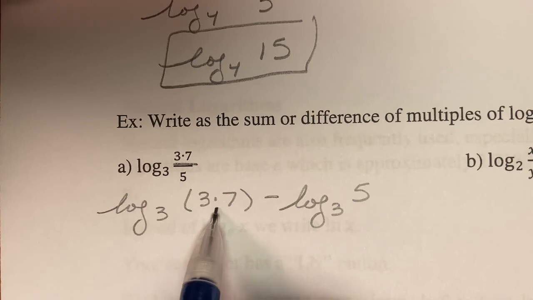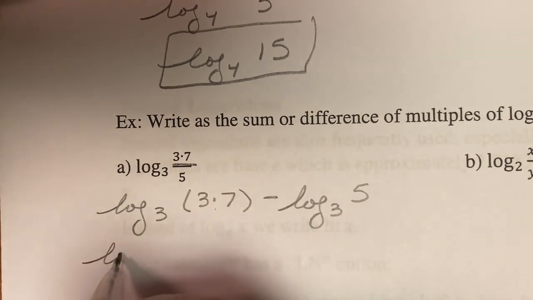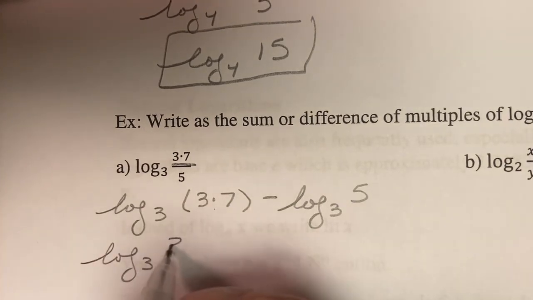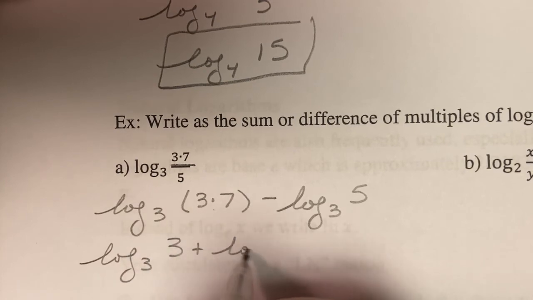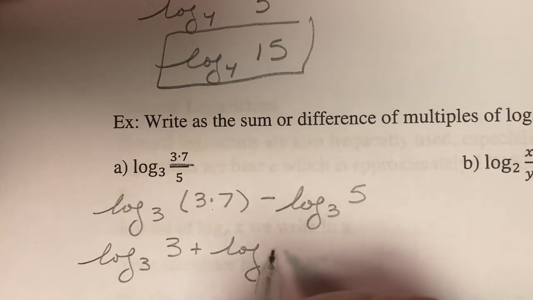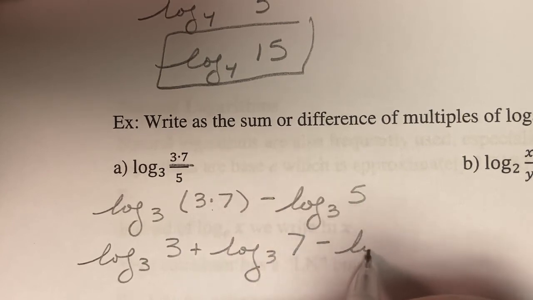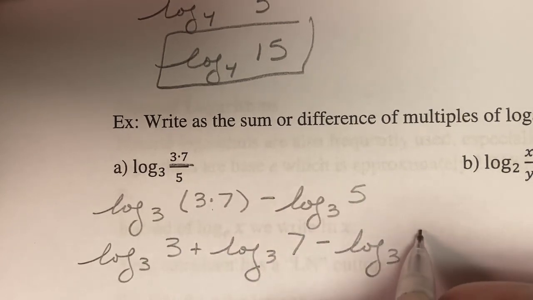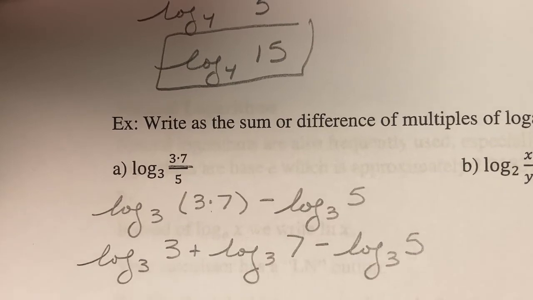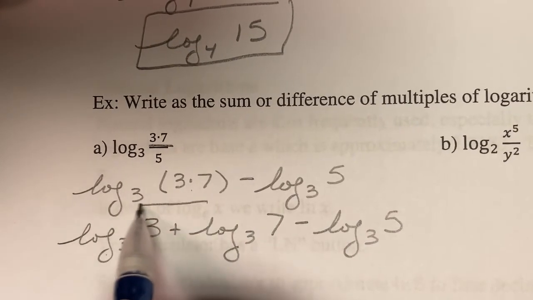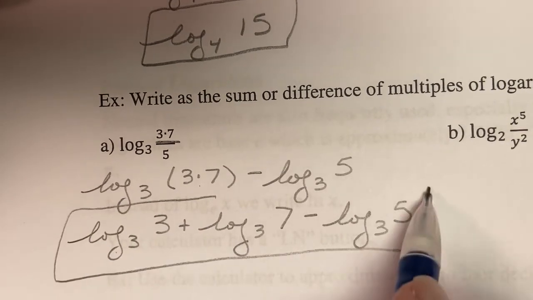So what does the rule say? It means that you add the individual logs. So that would be the log base 3 of 3 plus the log base 3 of 7 minus the log base 3 of 5. Now this does simplify, but it doesn't say anything about simplifying, so we are done.